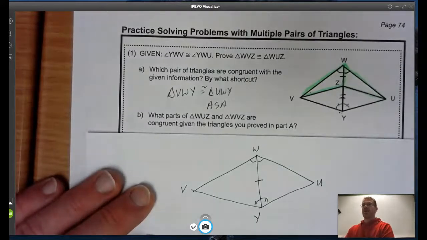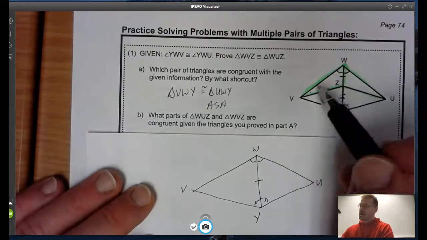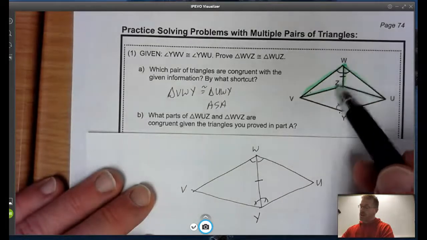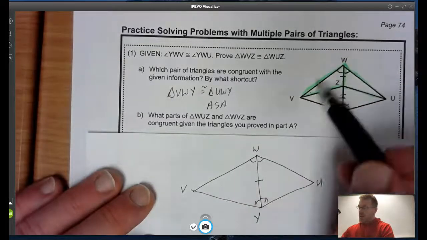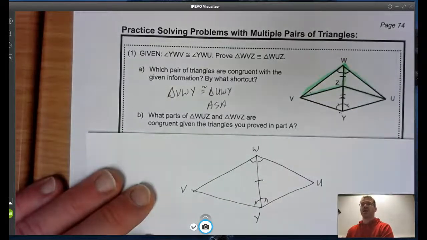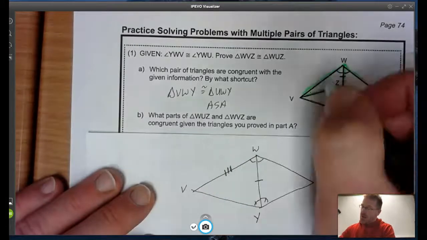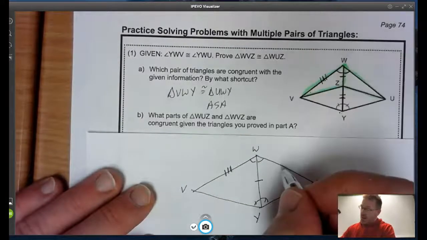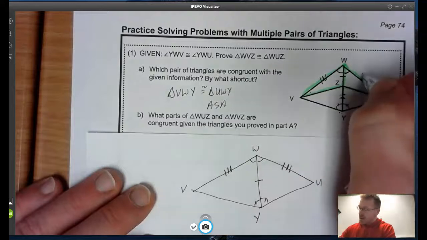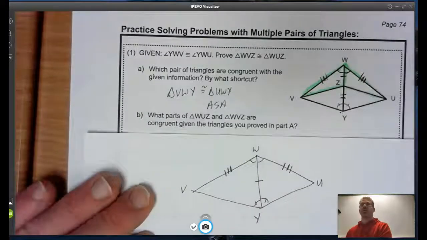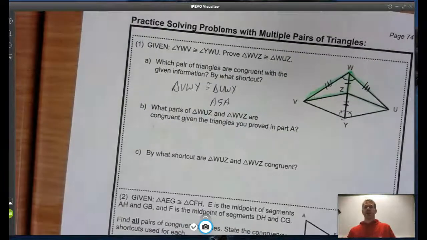Now, when I look at my picture, this is the end goal here, right? I want something in this to correlate to these in green. What I can see is that this side is this side right here, and this side is this side right here, which works out really well because that was one of the pieces that I wanted to get.